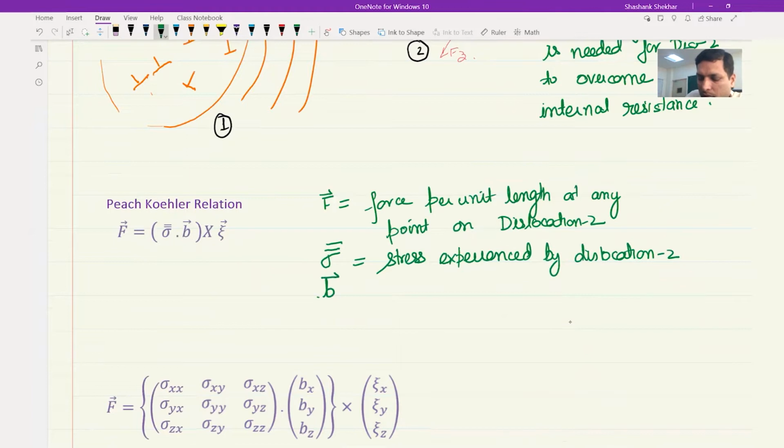And Burgers vector b is the Burgers vector for dislocation 2.